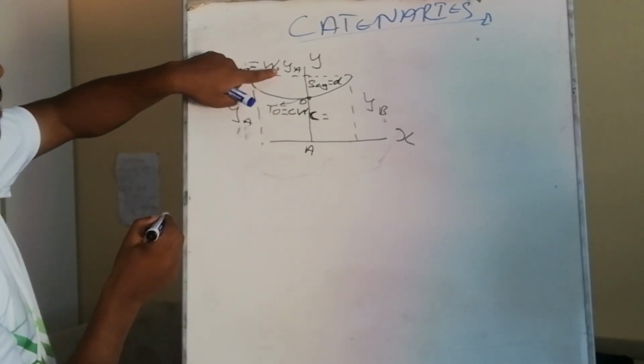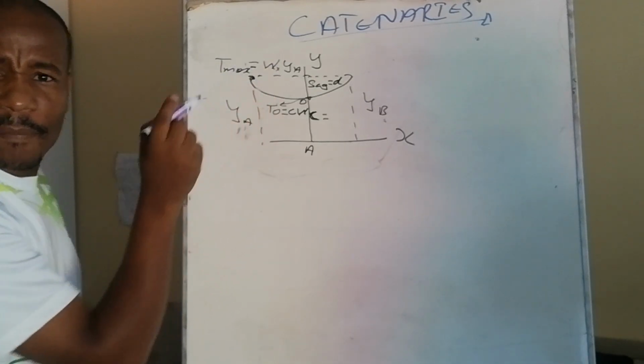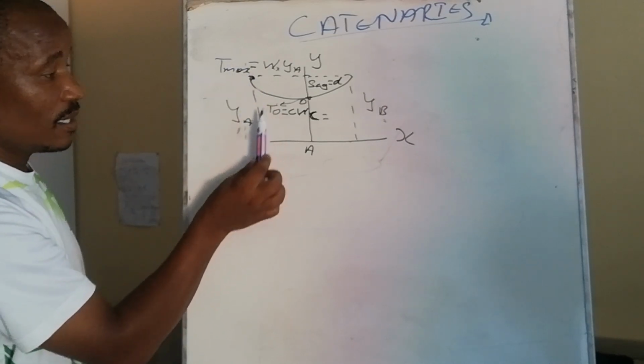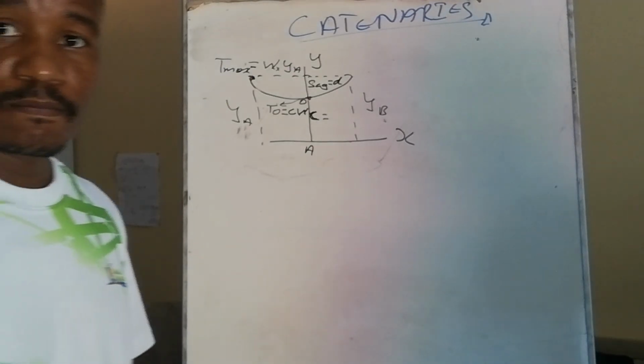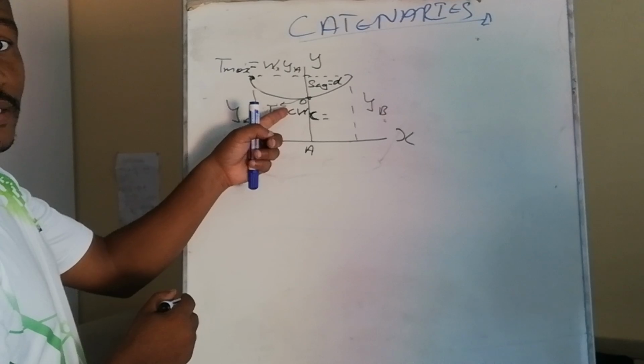That is why the maximum tension at that point will be the weight per meter multiplied by the vertical distance passing through that point. So you've got now two formulas.